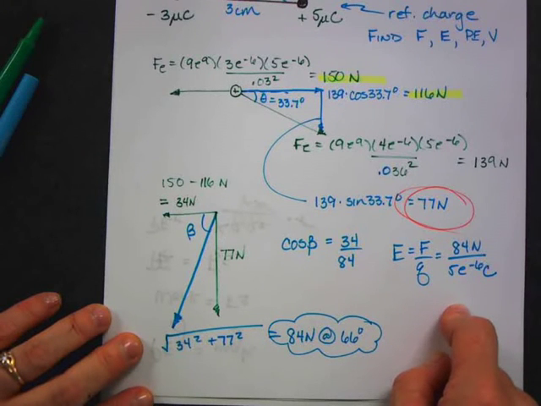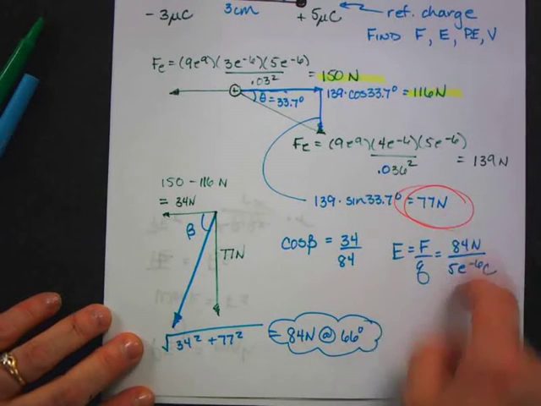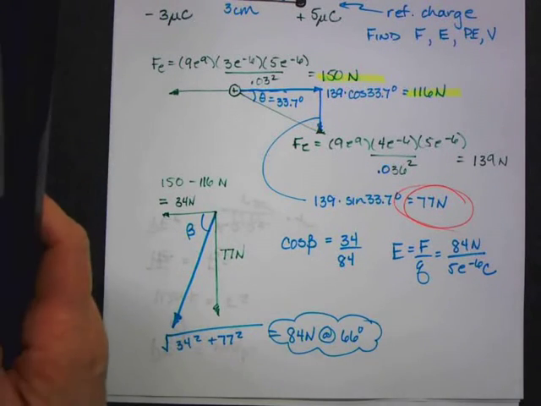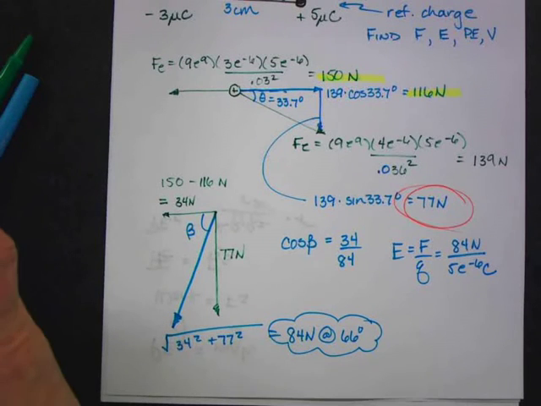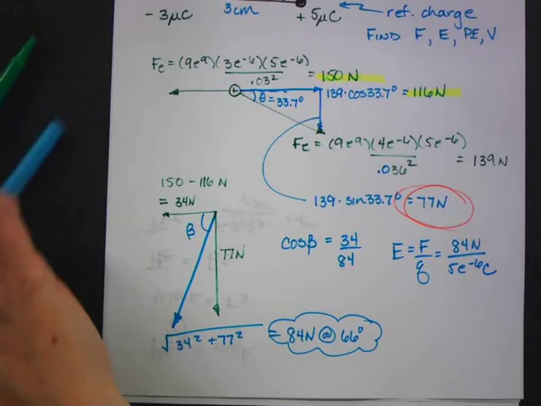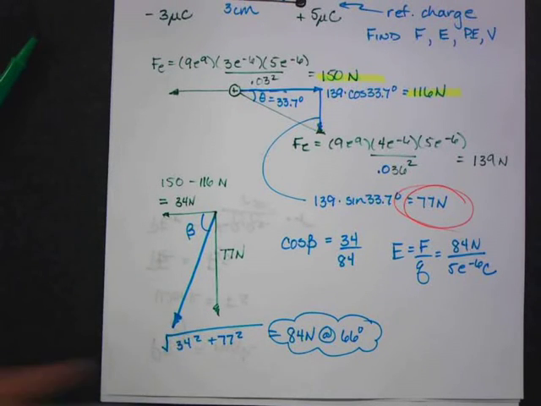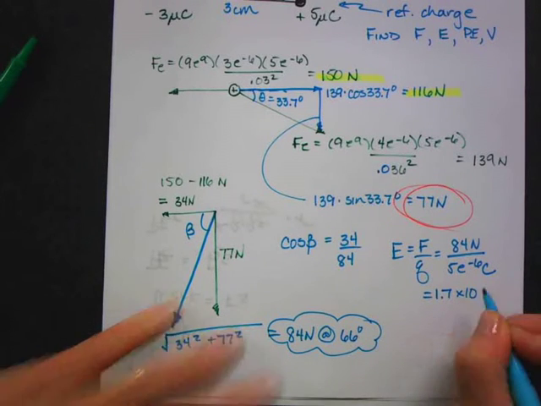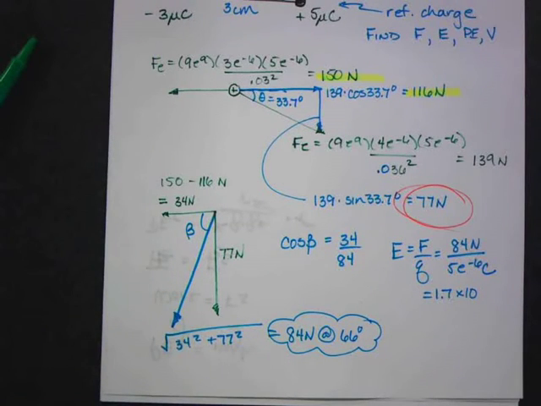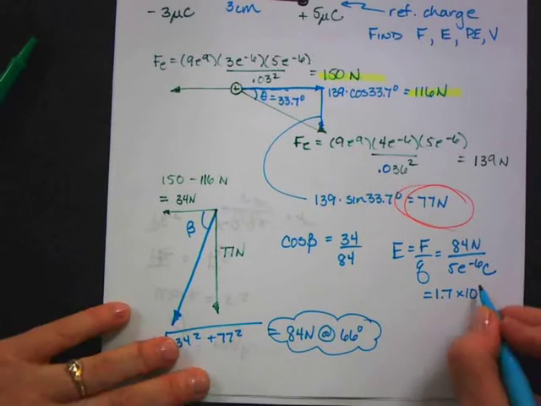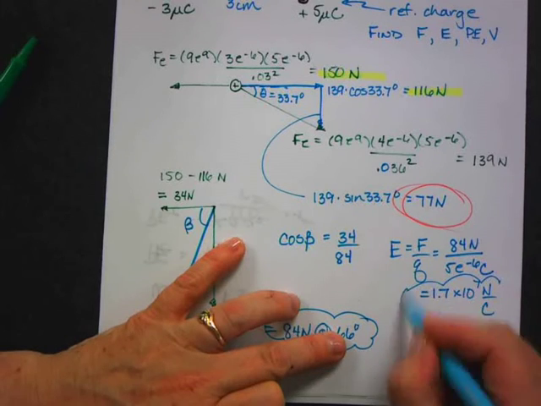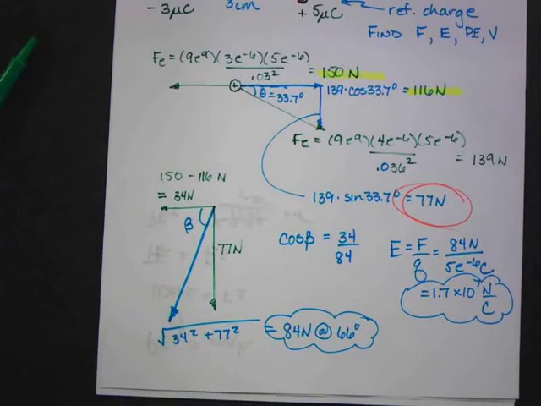By the way, I don't know that I actually have talked about this yet, but the units for electric field are newtons per coulomb. There's no abbreviated unit, just newtons per coulomb, just like it's written. So that's going to be a really big number. 1.6, I'll round it to 1.7, 268, so 1.7 times 10 to the 1, 2, 3, 4, 5, 6, 7.